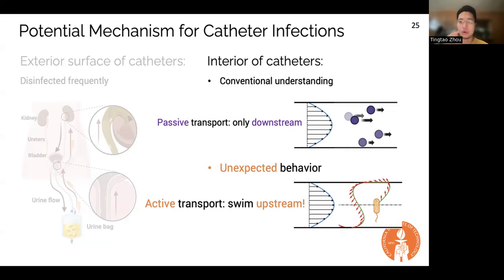Okay, so the simplest explanation for this mechanism, which doesn't require more details of the hydrodynamic interactions of the bacteria, is that we can simply imagine the bacteria again as just a sphere, right?